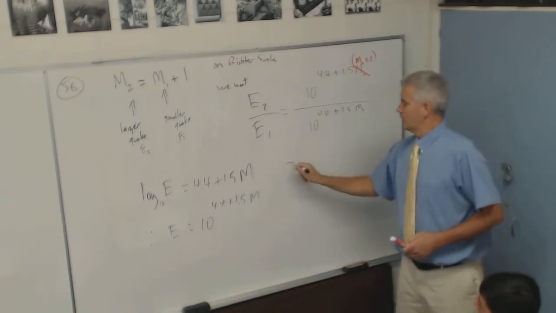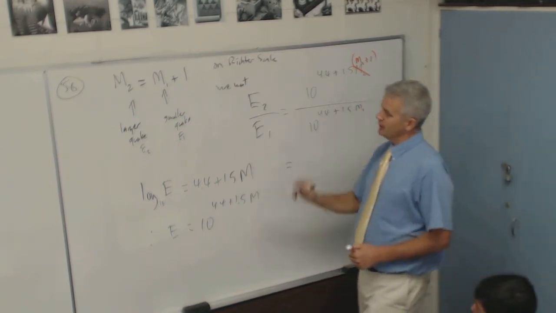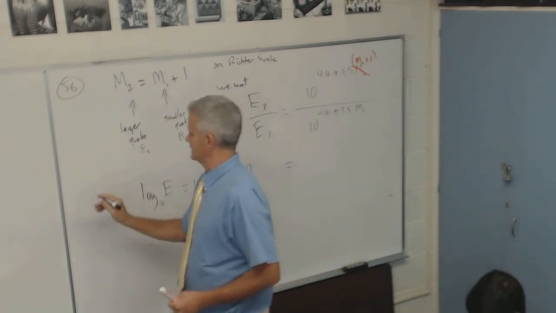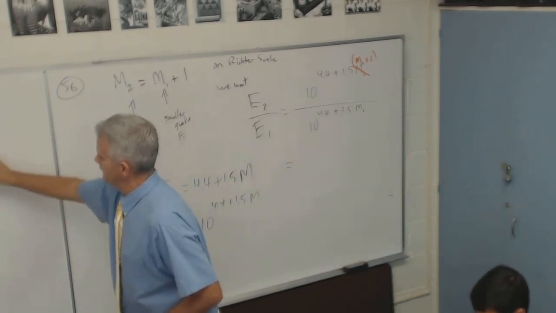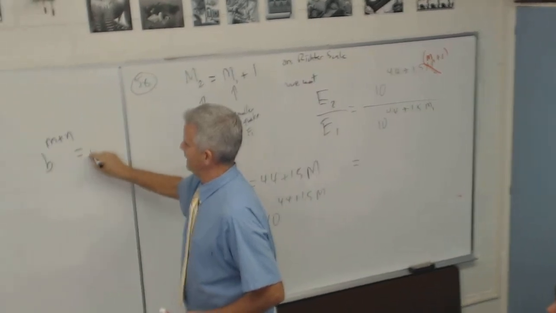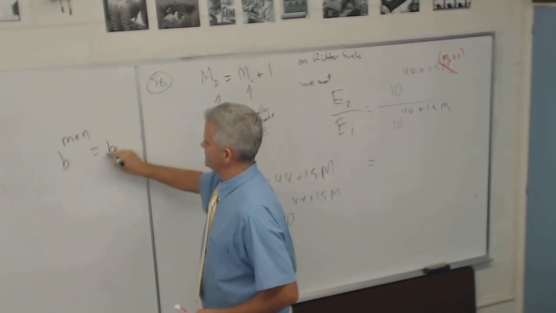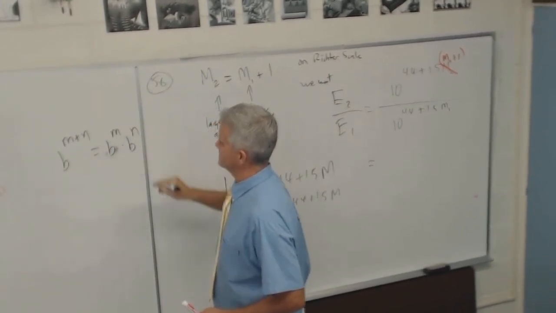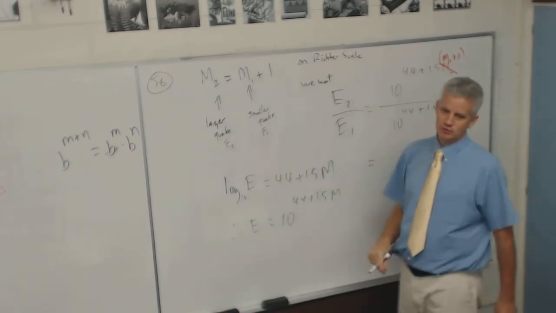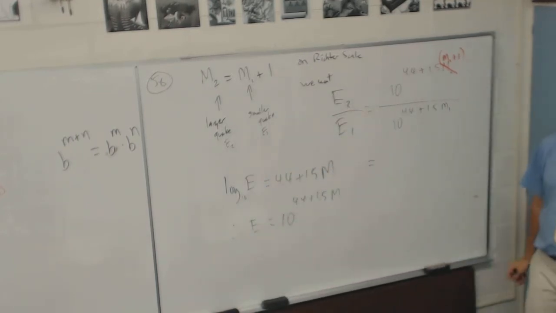Now, we're getting really close. The trick is going to be to use the fact that b to the m plus n is the same as b to the m times b to the n. We're going to go backwards with our laws of exponents.